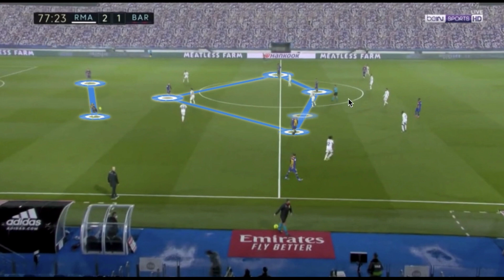And for this, they also used two central strikers looking to pin the back five or back four, depending on the situation. And what this would do is it tried to isolate the midfields against each other to then use the numerical advantage Barcelona had, but they couldn't break the deadlock, and Real Madrid came away with the victory.